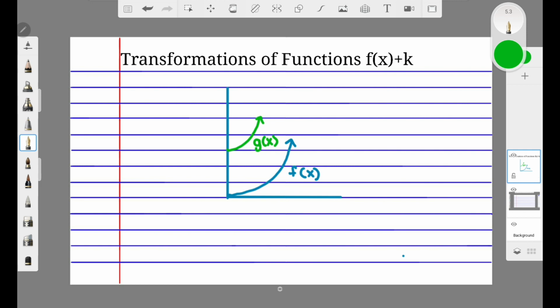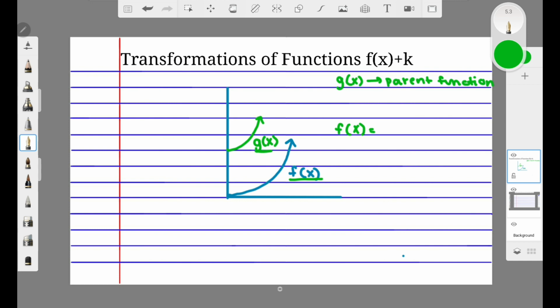Now let's switch it up. Let's say that g of x is our parent function, and we translated it, a vertical translation, into f of x. So let's write an equation for f of x.